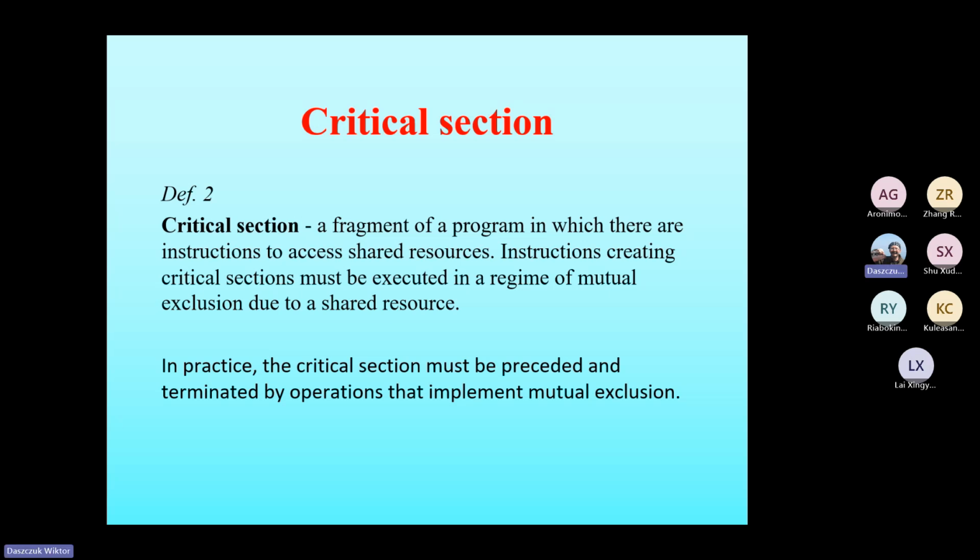It is a sequence of operations that must be executed in exclusive mode from the point of view of some resource. To do that, we must lock the critical section before we enter and unlock when we leave.